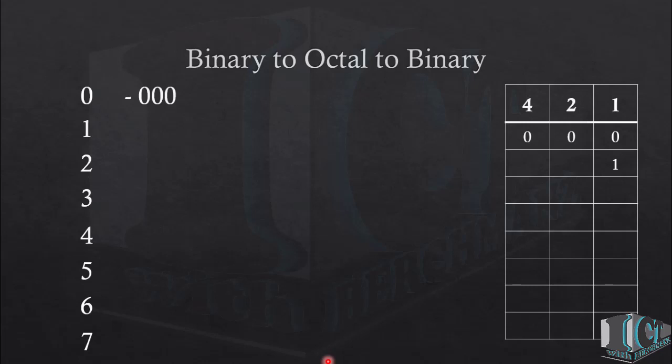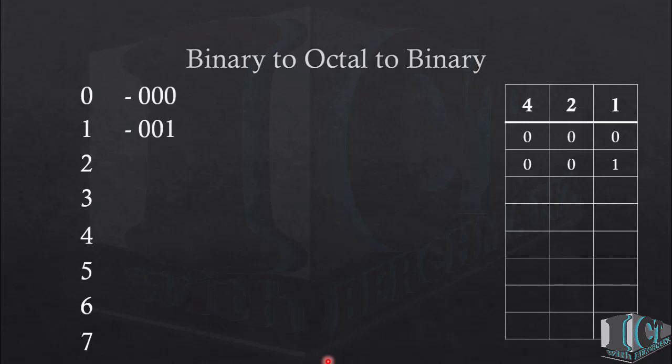If I add 1, I will not need the other two values to create the value 1, so I would write a 0 for those two. I just need to put a 1 under the value 1 in the table. So the binary value for the octal number 1 would be 001.